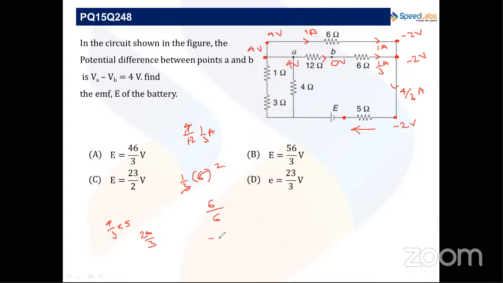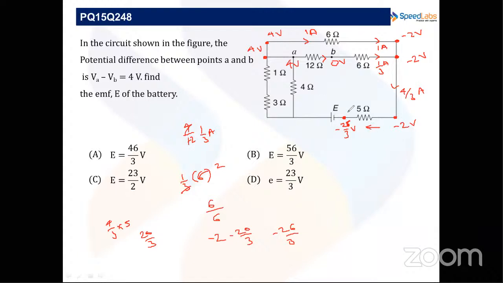So it is minus 2, reduce further, minus 20 by 3, so it is minus 26 by 3. So the potential of this point is minus 26 by 3 volt. I have written V below because the arrow is covering it.